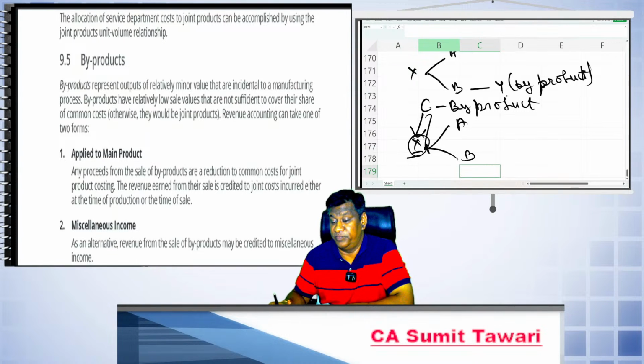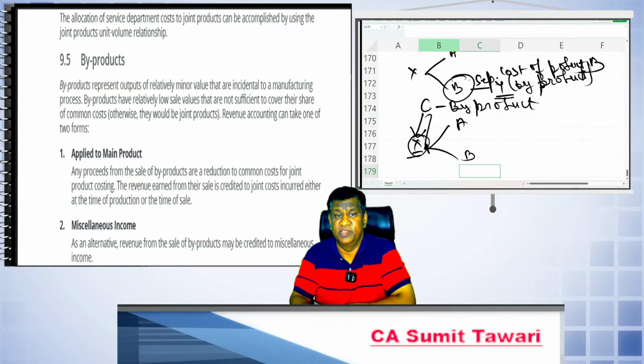If the byproduct arises after the split off, then you need to reduce it from the separable cost of product B. So this way you need to keep it. And other than this, you need to consider it as miscellaneous separate income. As an alternative, revenue from sale of byproduct may be credited to miscellaneous income.